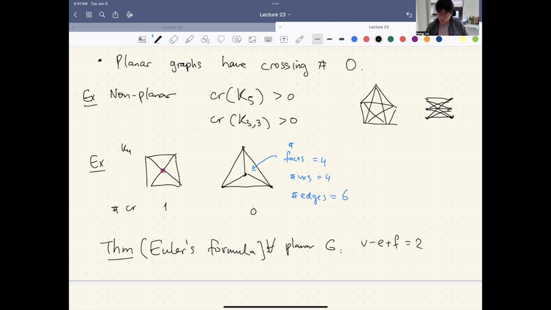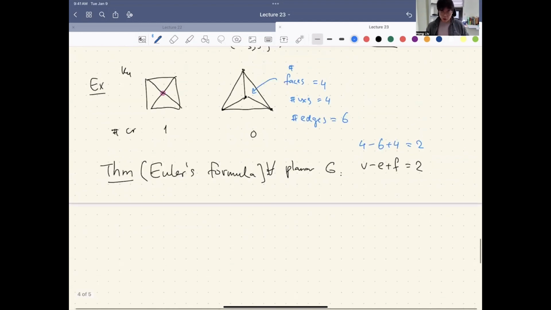This is the number of vertices minus the number of edges plus the number of faces. So in this example, K4, the number of vertices minus the number of edges plus the number of faces equals 2. Good. Sanity check. So far, so good. Any question?